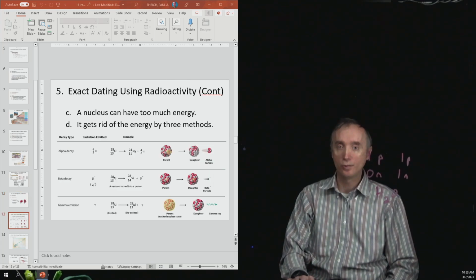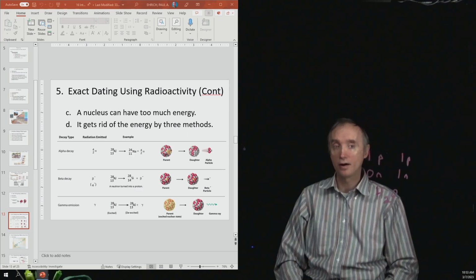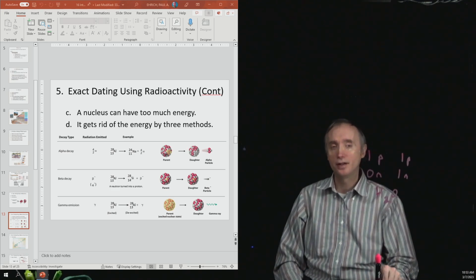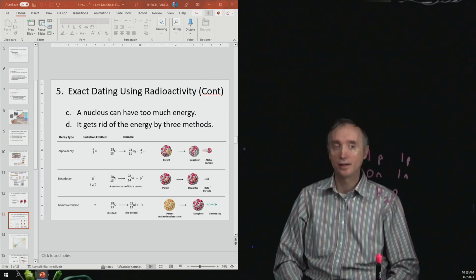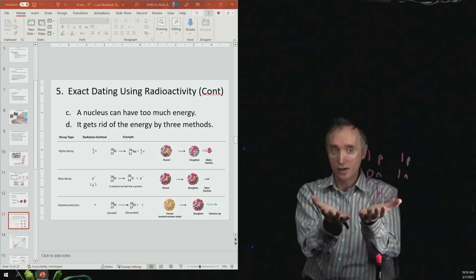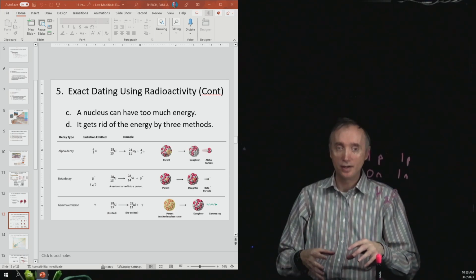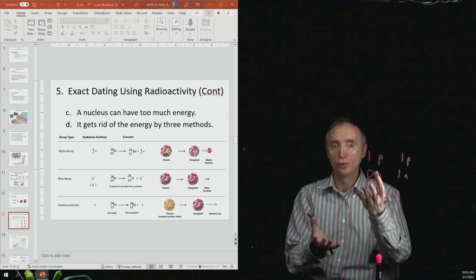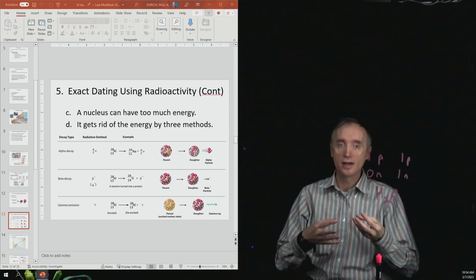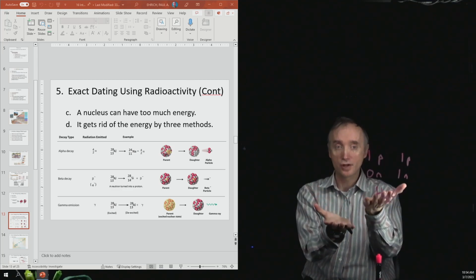Okay, the next thing that we want to mention is that some nuclei are unstable. In general, the nucleus of an atom likes to have roughly equal numbers of protons and neutrons. For heavier nuclei, you need to have a few more neutrons in there, but just for the sake of argument, let's say that a nucleus likes to have roughly equal numbers of protons and neutrons.